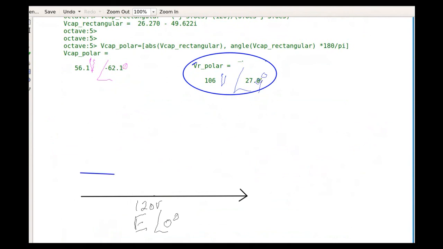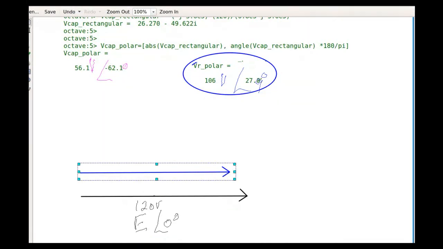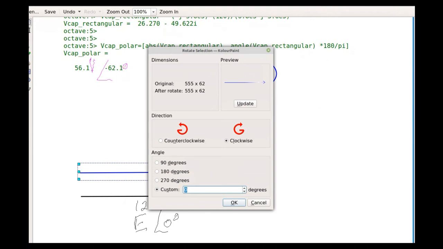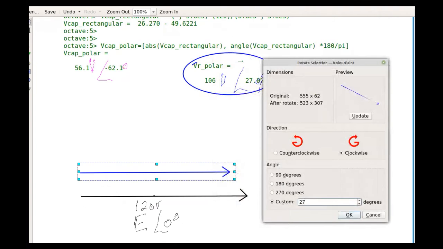The one thing I found out about this software is I can give it an angle. So I'm going to capture this and rotate it at an angle of 27.9 degrees.